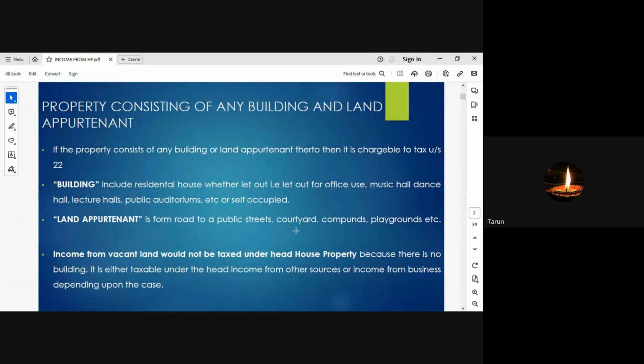So no income has been earned, which means it is not taxable under this head. It is taxable either under income from other sources or income from business. Whether it is taxable depends totally on the case.